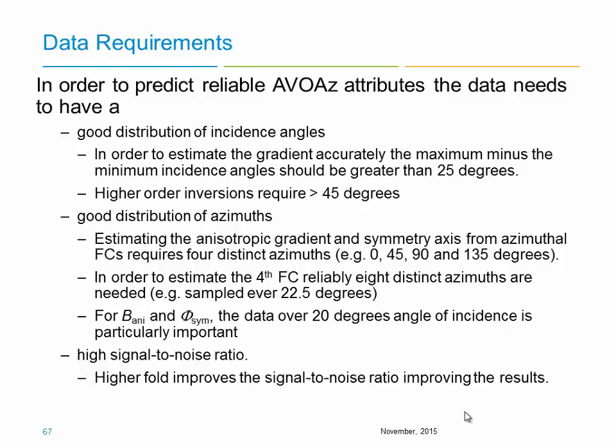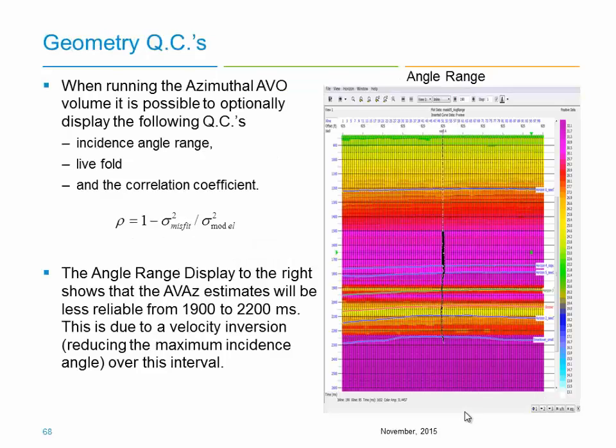If we're going to go for the 4th Fourier coefficient, we need at least 22.5 degrees sampling. And we also need a good signal to noise ratio. So we've tried to create some different QCs now to allow you to see what your data actually contains. So for example, you can calculate the range of incident angles, so it's the maximum minus the minimum.